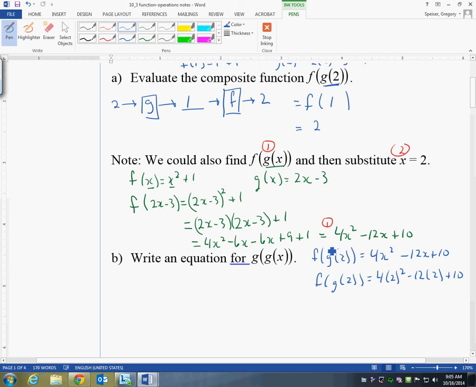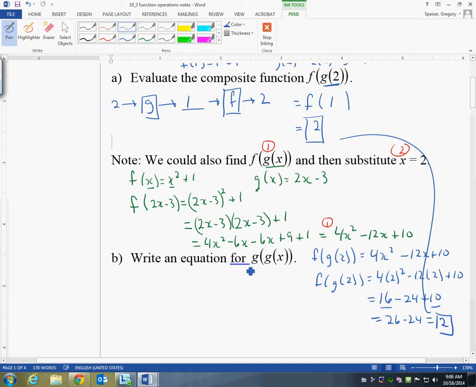And I hope that it comes out to the same answer that we had before, which was 2, from the previous question. So when I do this, 2 squared is 4, times 4 is 16, minus 24, plus 10. I find it easier to put together the positive numbers first, so the 16 and the 10 together is 26, minus 24 equals 2. So yay, these two numbers are the same. That worked out well.